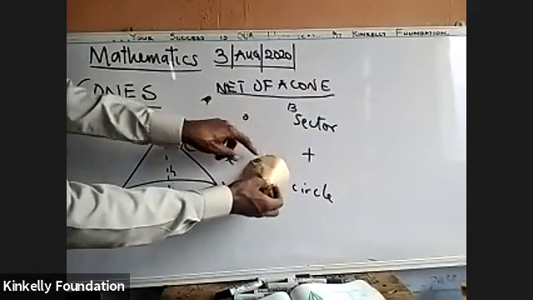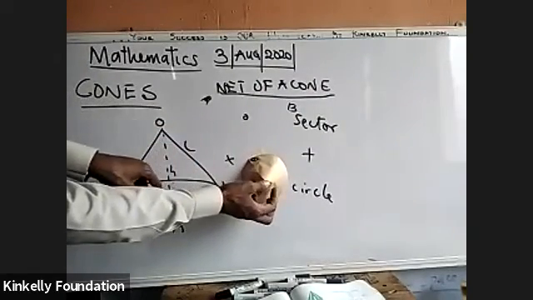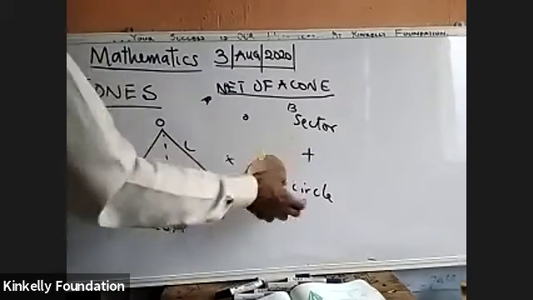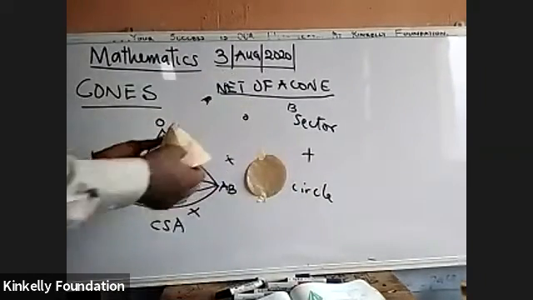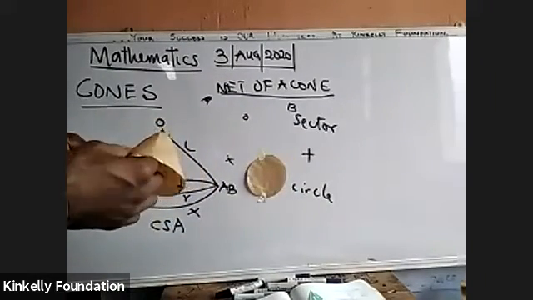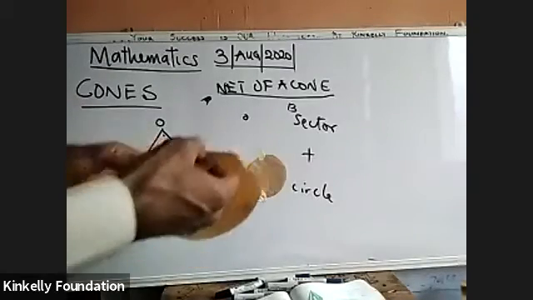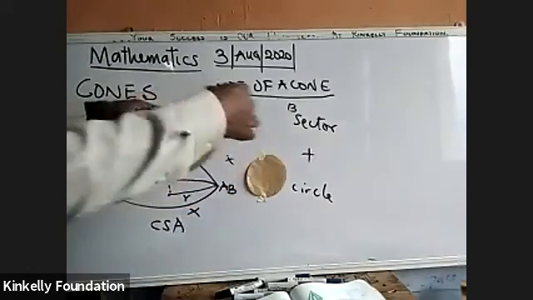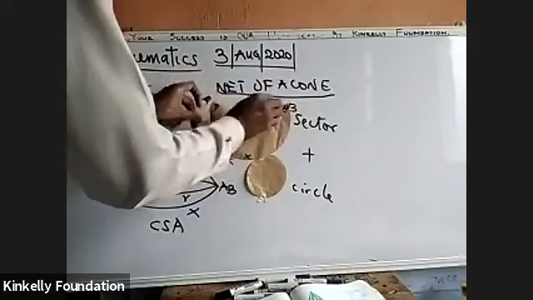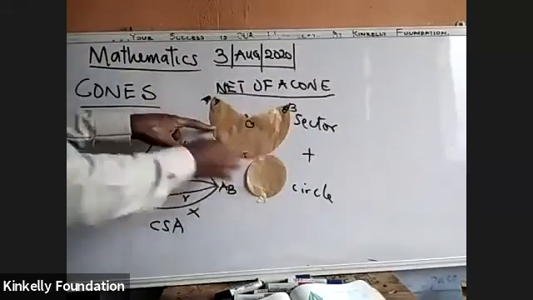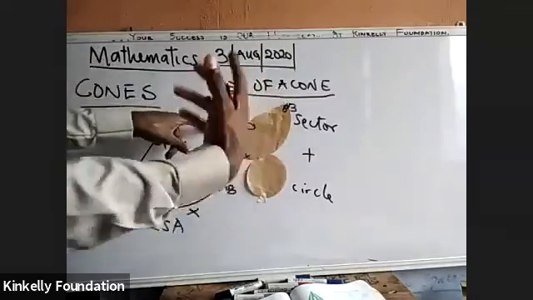You attach it, and it becomes a cone. So a cone is made up of a sector and a circle. And when we talk about the curved surface area of a cone, we mean this particular area.